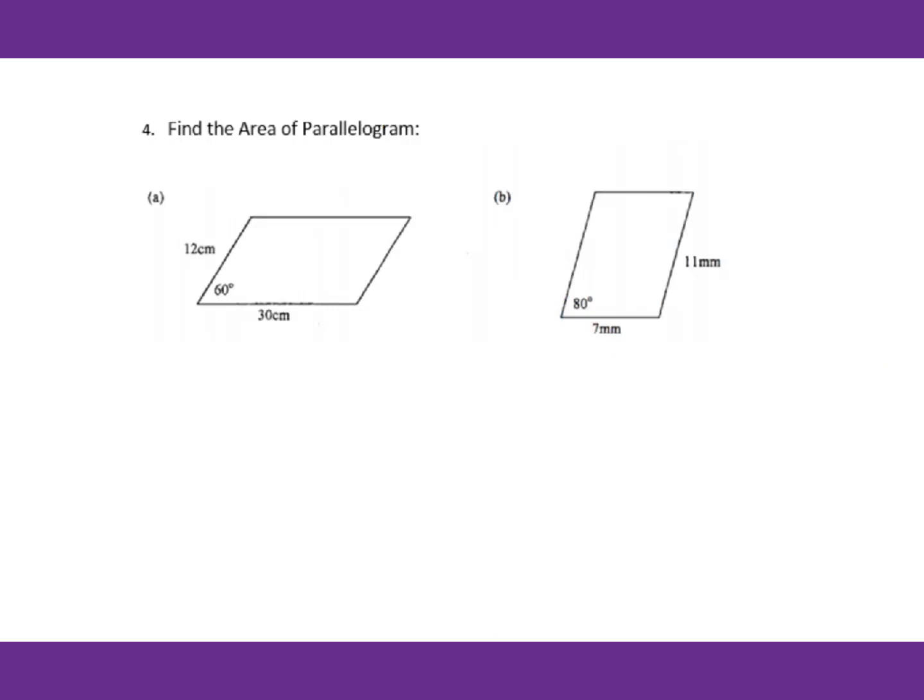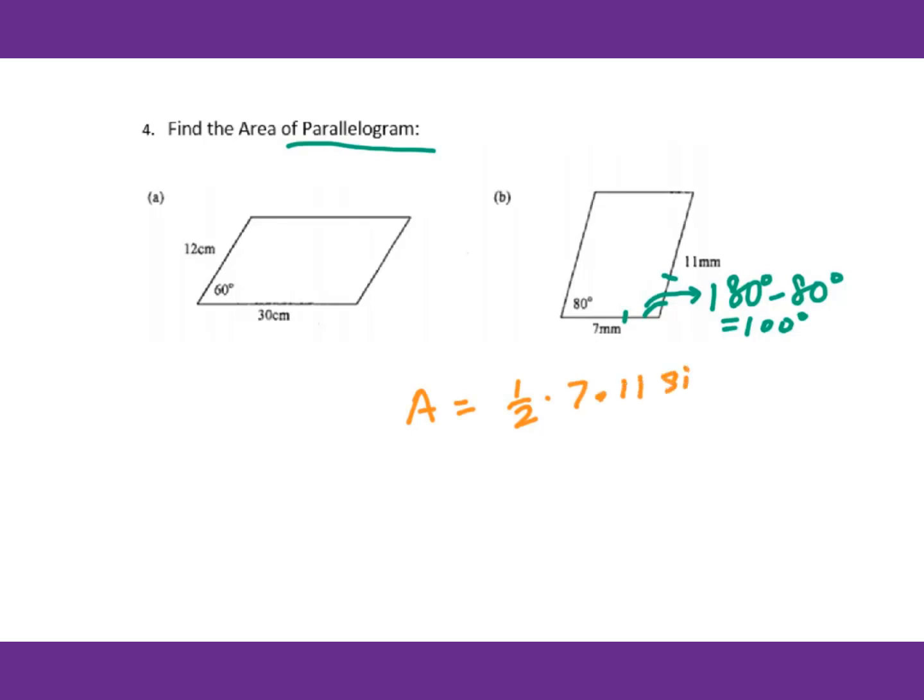For number 4, let's go to B. First of all, we are given two sides. This is the included angle. We know for a parallelogram, this angle we can get by doing 180 degrees minus 80 degrees, that's 100 degrees. When we do 1/2 times 7 times 11 times sine 100 degrees, we get the area for this triangle.